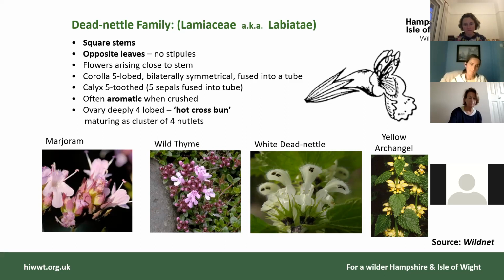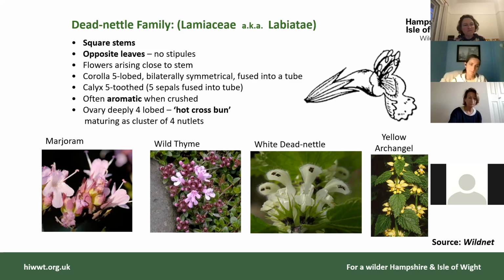And the leaves are all arranged opposite each other up the stem. But the other thing that's really characteristic is that they are all aromatic. So they all smell. Now, they don't necessarily all smell nice, like wild thyme and wild marjoram. White dead nettle has got a distinctive smell, but I wouldn't say it was a nice smell, but it does have a smell. So they are all scented.